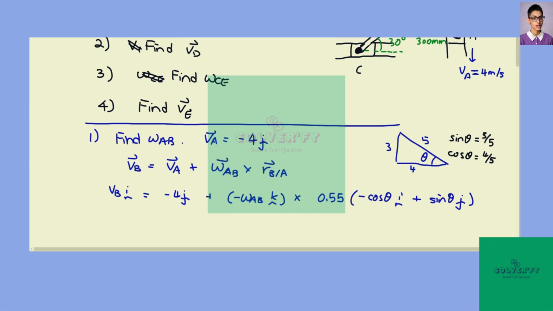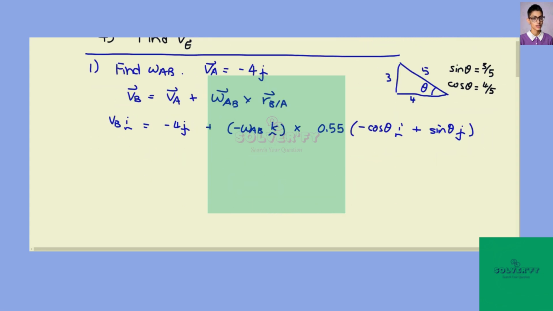So continuing the steps: minus 4J plus 0.55 omega AB times 3 over 5 I plus 4 over 5 J. Minus K cross minus I gives positive J, with cosine theta 4 over 5. Then minus K cross J is positive I, with sine theta 3 over 5.